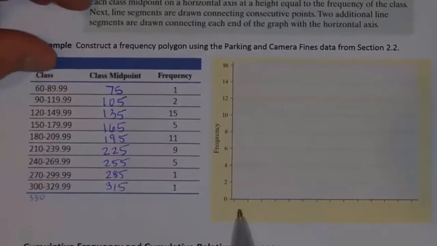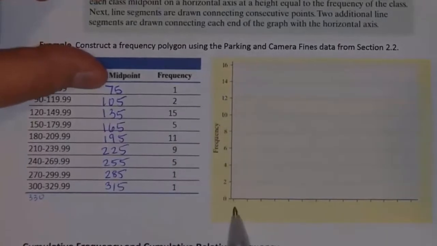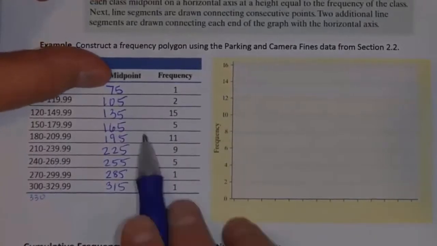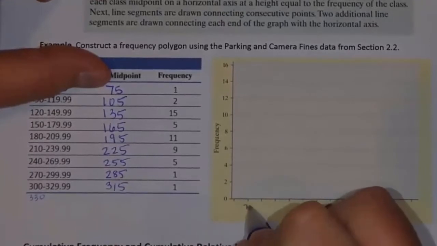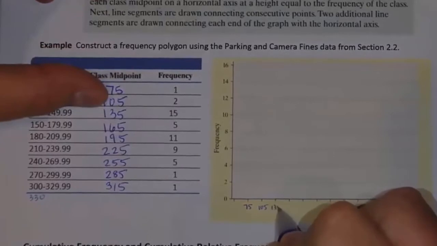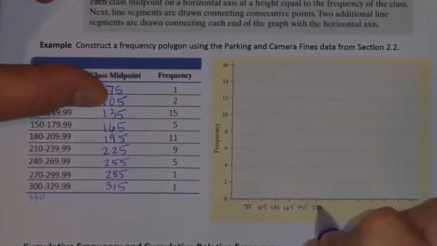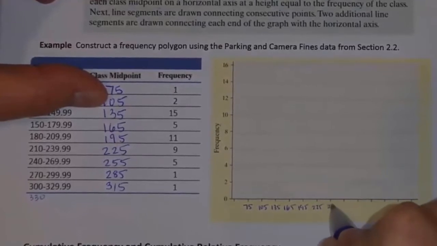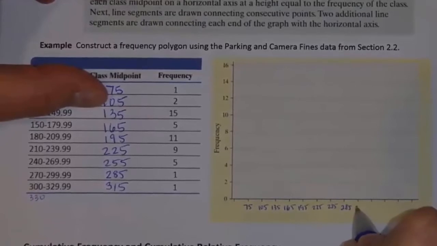So if I wanted to create a frequency polygon, what I'm going to do on the horizontal axis is use the class midpoints. So I would use 75, 105, 135, 165, 195, 225, 255, 285, and 315.